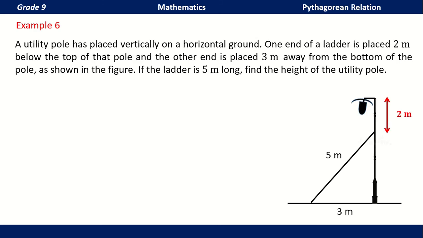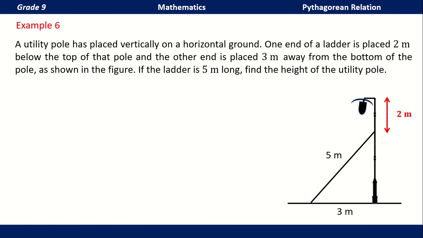Okay, let's see. Wow, this is a somewhat different kind of example. Here it says that a utility pole has been placed vertically on horizontal ground. One end of a ladder is placed 2 meters below the top of that pole, and the other end is placed 3 meters away from the bottom of the pole, as shown in the figure.